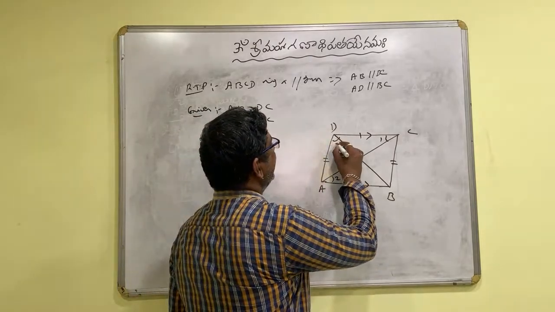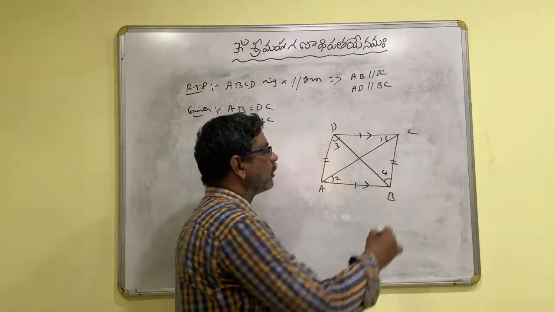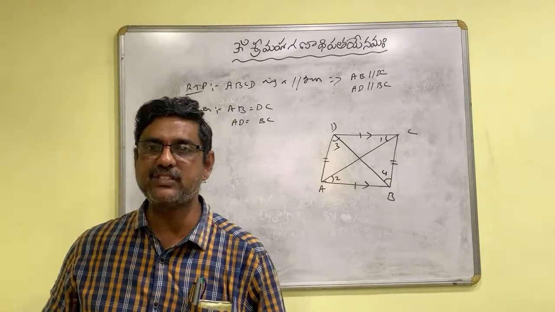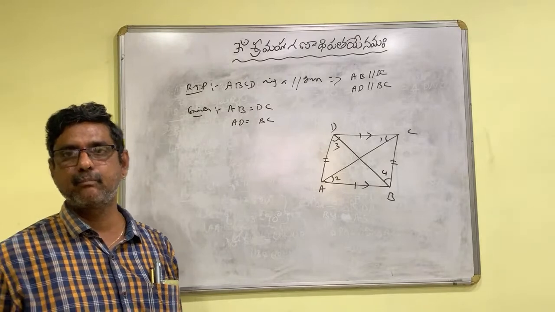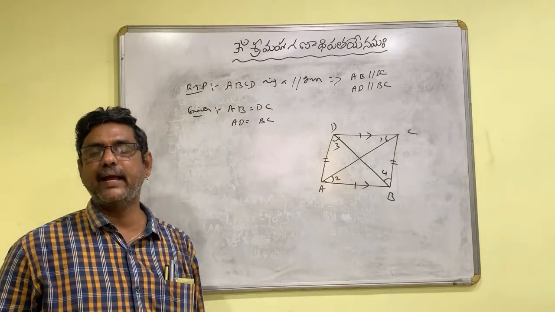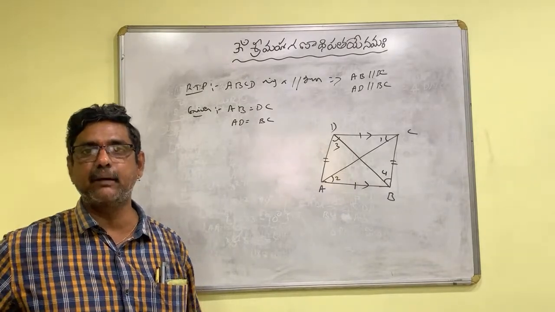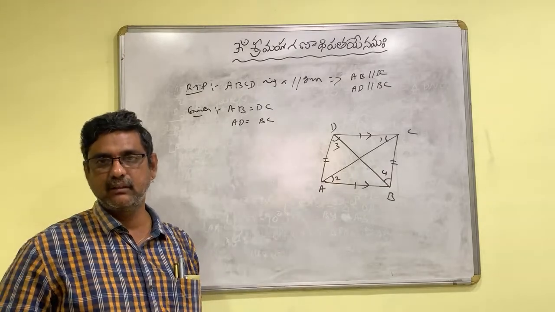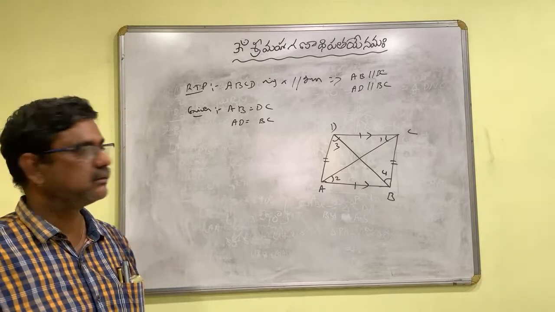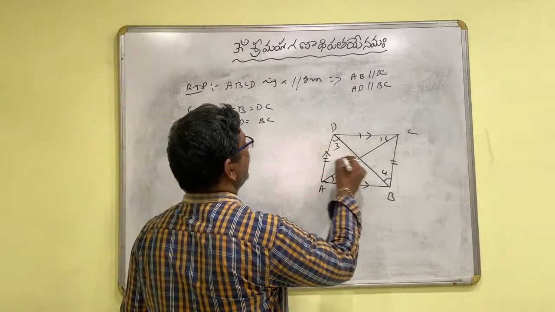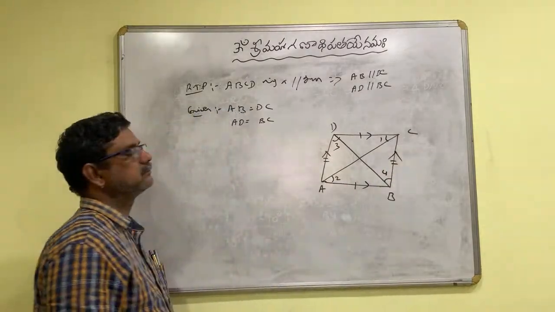By CPCT, angle 3 is equal to angle 4. So angle 3 and angle 4 are alternate angles and BD is the transversal. So AD parallel to BC.